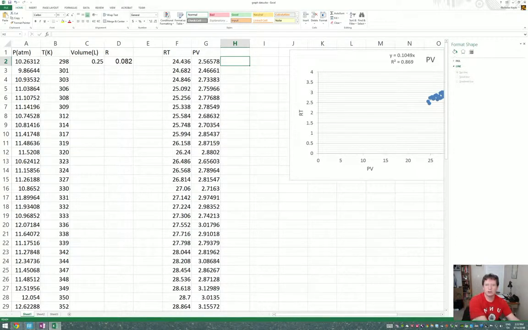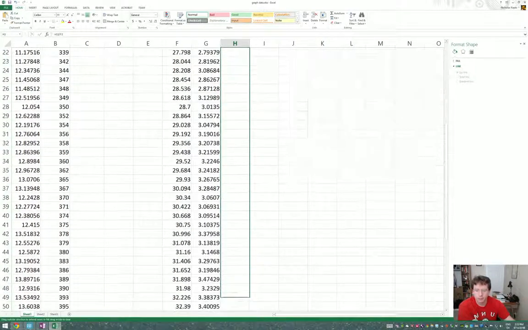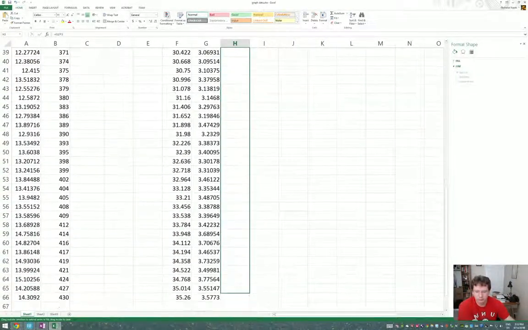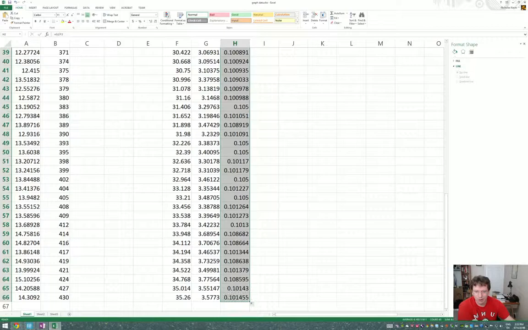Since I already computed PV and RT, I could just hit equals PV divided by RT, enter, right? And then, bam. Again, I can drag down. Voila.